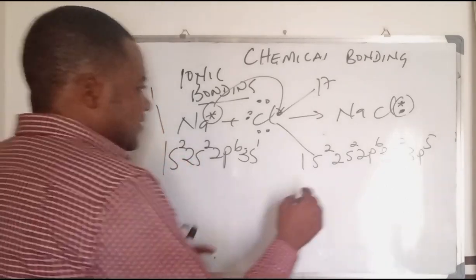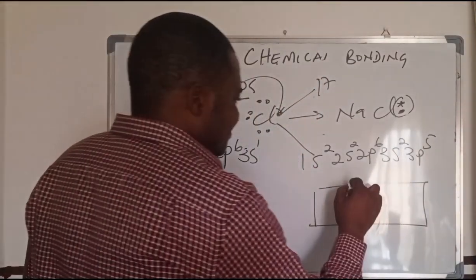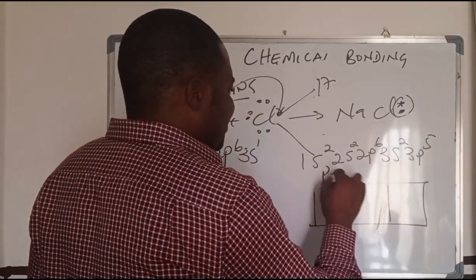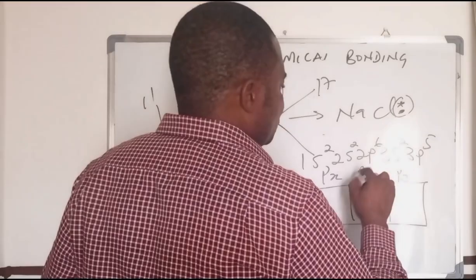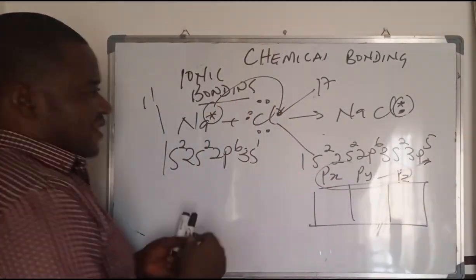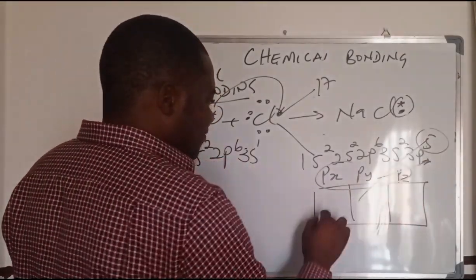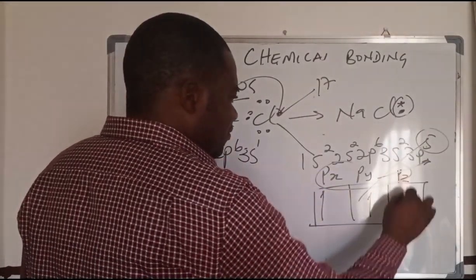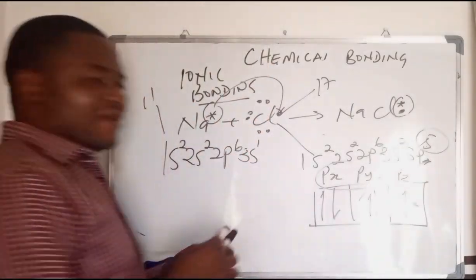Now we can explain this by writing this. This is the px, this is the py, this is the pz. From here where we have the 5, filling in here, we have 1, 1, 1. We have 2, 2. There is something missing here.